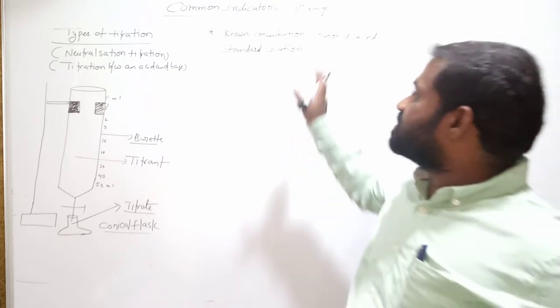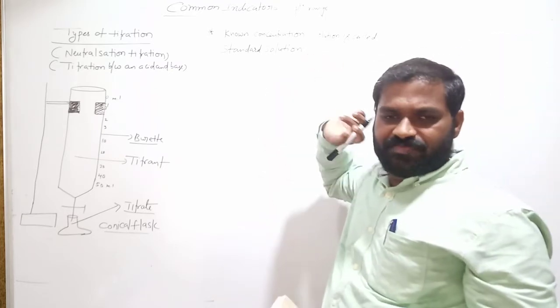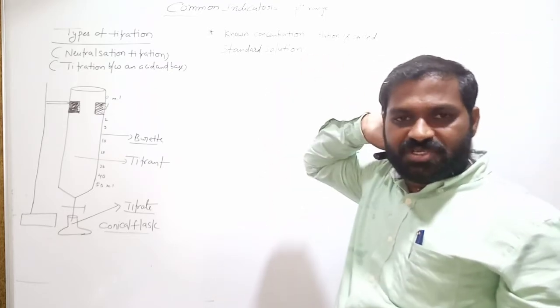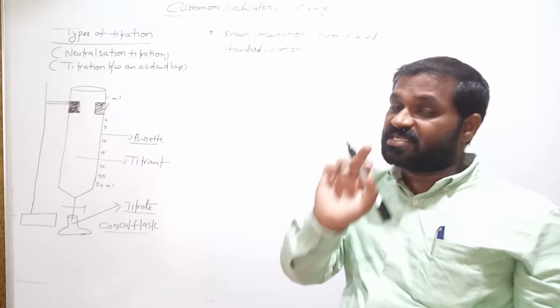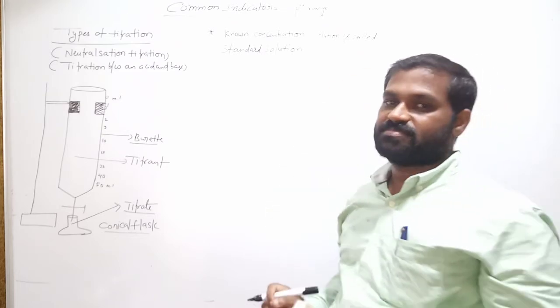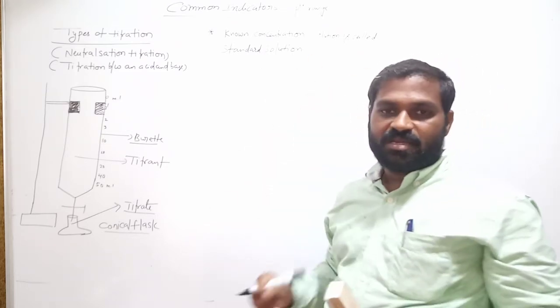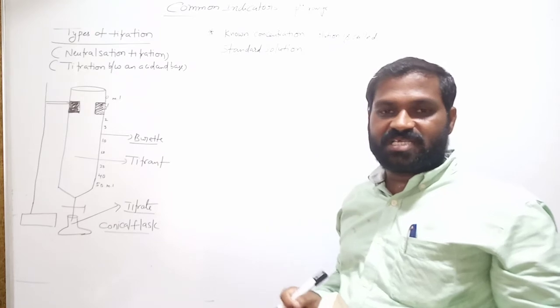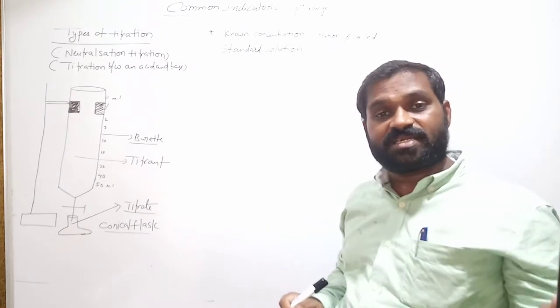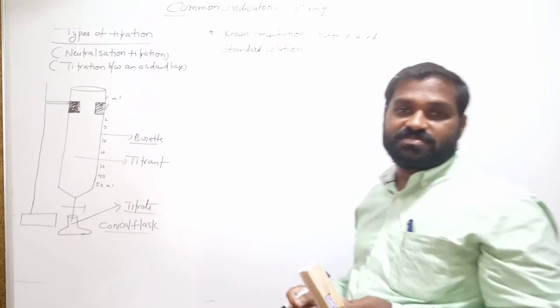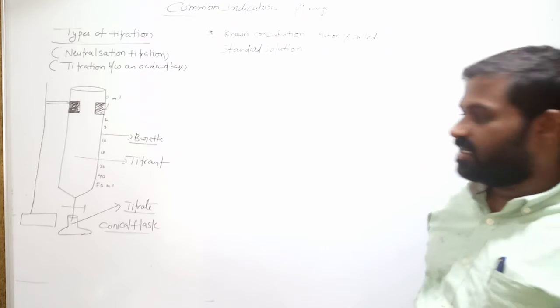Now by using this standard solution, it may be acid or base, we have to calculate the concentration of another solution. Suppose it is a base. Now by using this concentration, we have to calculate the concentration of the acid by this titration method. Remember this.